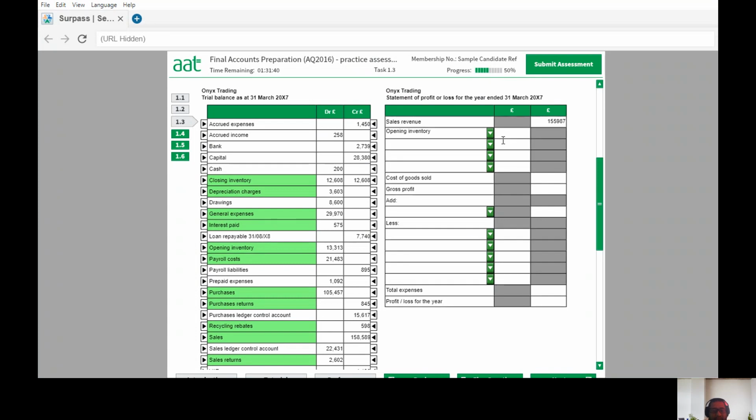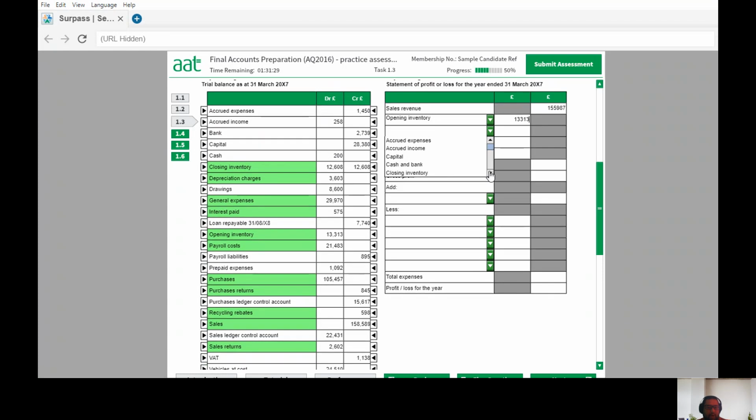So here, the opening inventory now is going to be 13,313. And then the purchases, we have found out how much it's going to be. Purchases are going to be net of the purchase returns, so that's going to be 104,612.